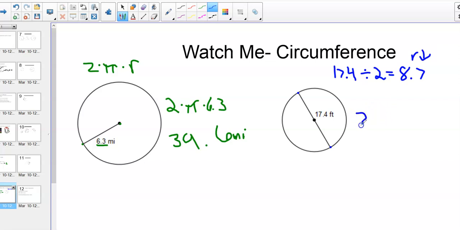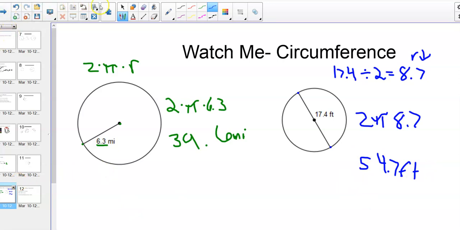So now I plug that in. 2 times pi times 8.7 gives me 54.66, so I'm going to round that to 54.7 feet. And as long as the numbers you get are close, that's fine. I'm going to allow some wiggle room on these.